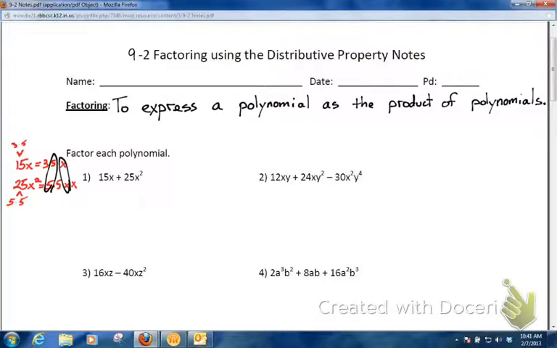Now, like I said, as you guys get better at this, you should be able to just look at this equation right here and see that the GCF of 15x and 25x squared is 5x. Okay?